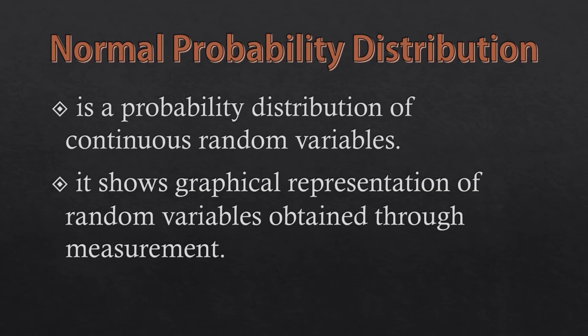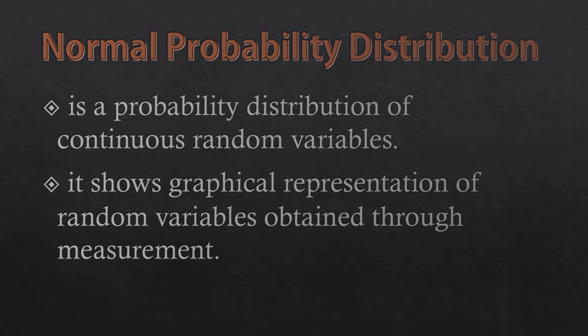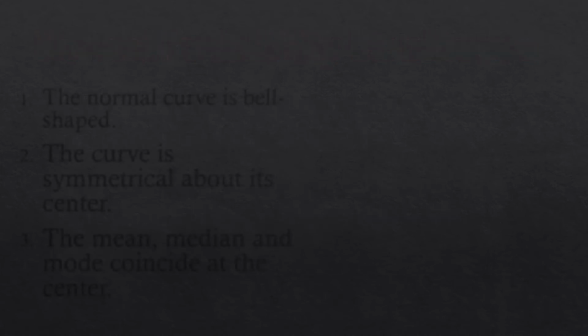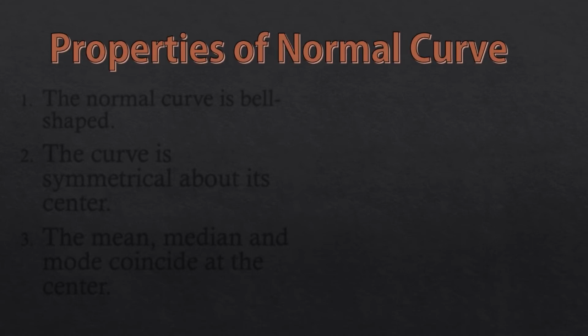So how can we know if it's a normal probability distribution? We have the properties of the specific curve of the normal distribution. We have 6.